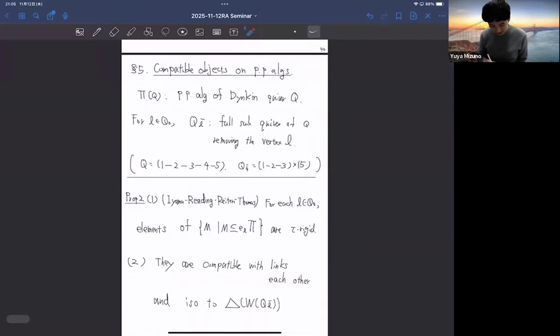Then we give one important fact. For each l, the submodules of this indecomposable projective, I mean this is the idempotent corresponding to the vertex, are tau-rigid modules. And the more important point for us is that they are compatible with each other, and the links are isomorphic to this Coxeter complex corresponding to this quiver.